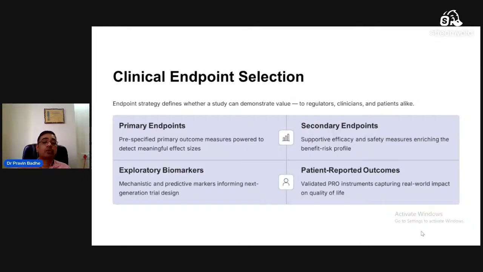We are not including biomarkers at this stage with the observational studies, but yes, predictive biomarkers are there, voice-based biomarkers are there, which we are utilizing from the patient with the help of patient-reported outcomes, which are validated with the telehealth platform. I will be showing that as well, what we are using to capture the real-world information reported by the patient.